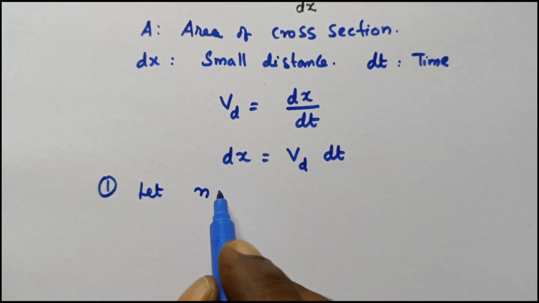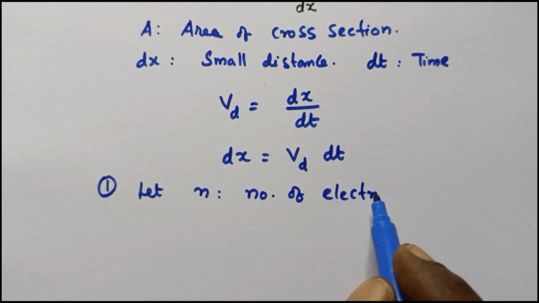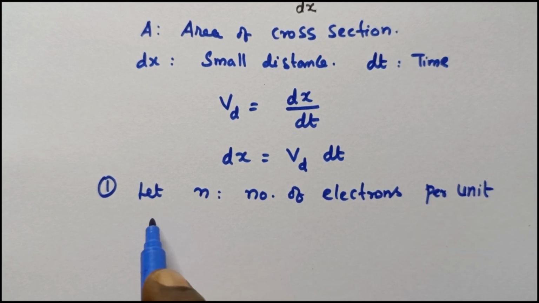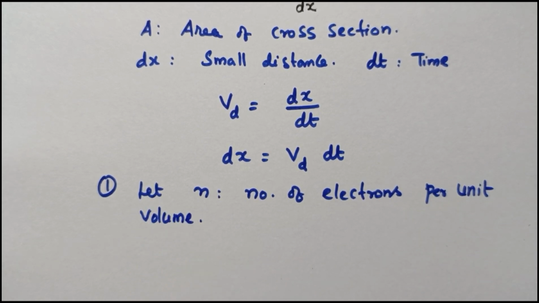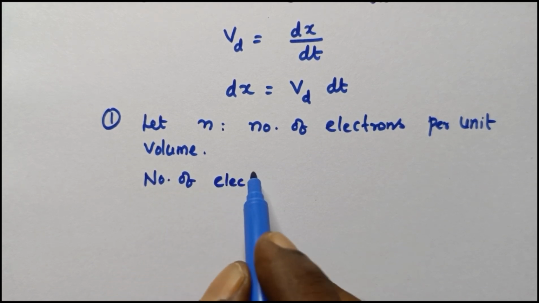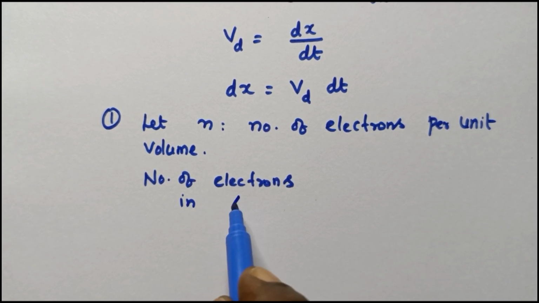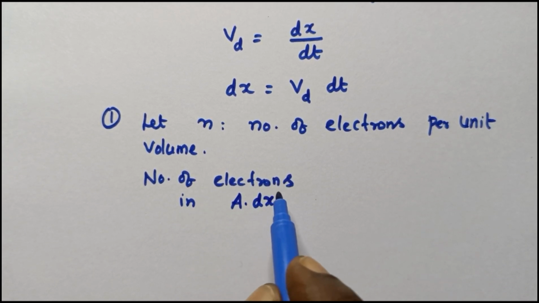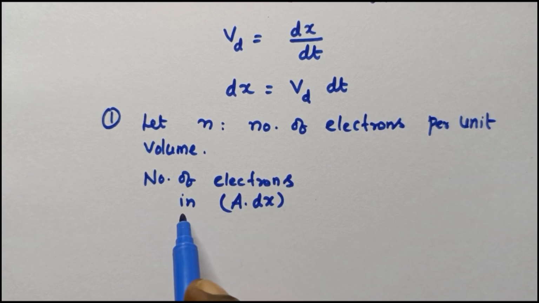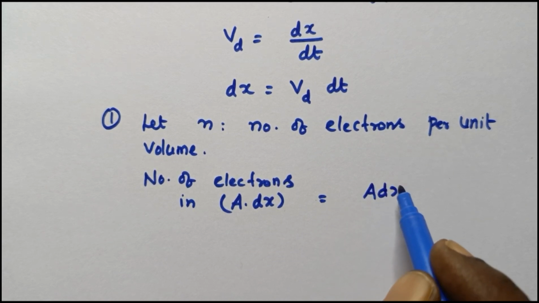Let n be the number of electrons per unit volume. So the number of electrons in the volume A into dx, that is area into distance is the volume, is equal to A into dx into n.